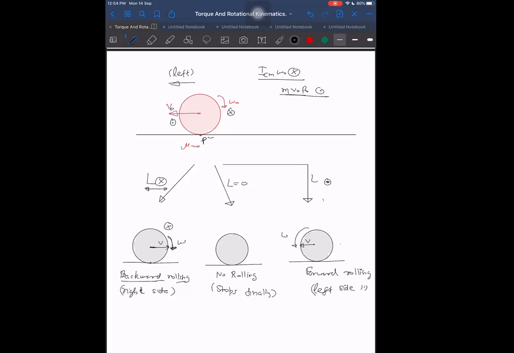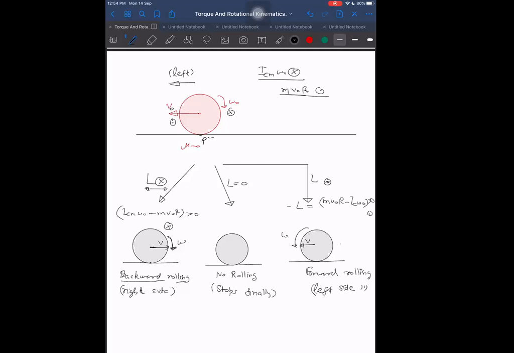So this case will be when MV naught R minus ICM into omega naught is positive, then dot direction. And this one will be when ICM into omega naught minus M V naught R is positive. Then this will be the case.